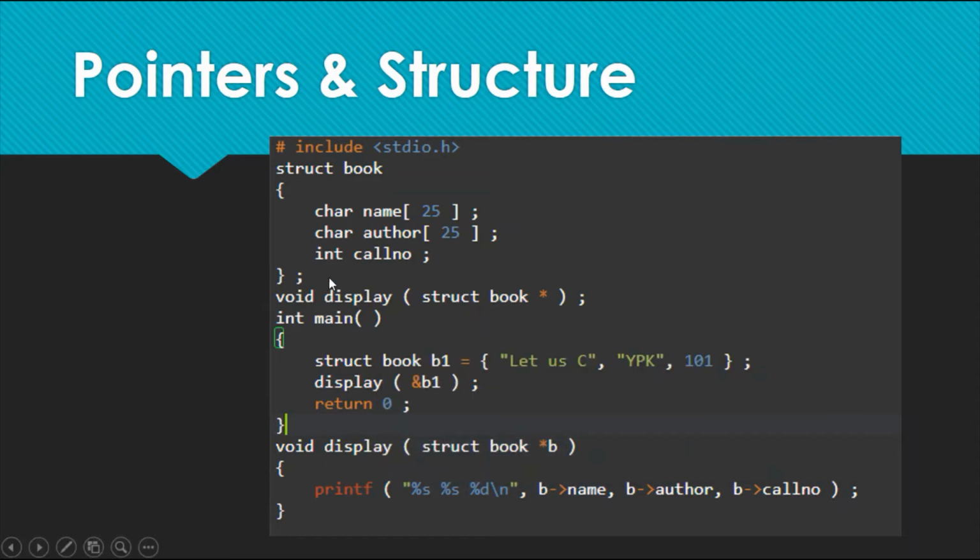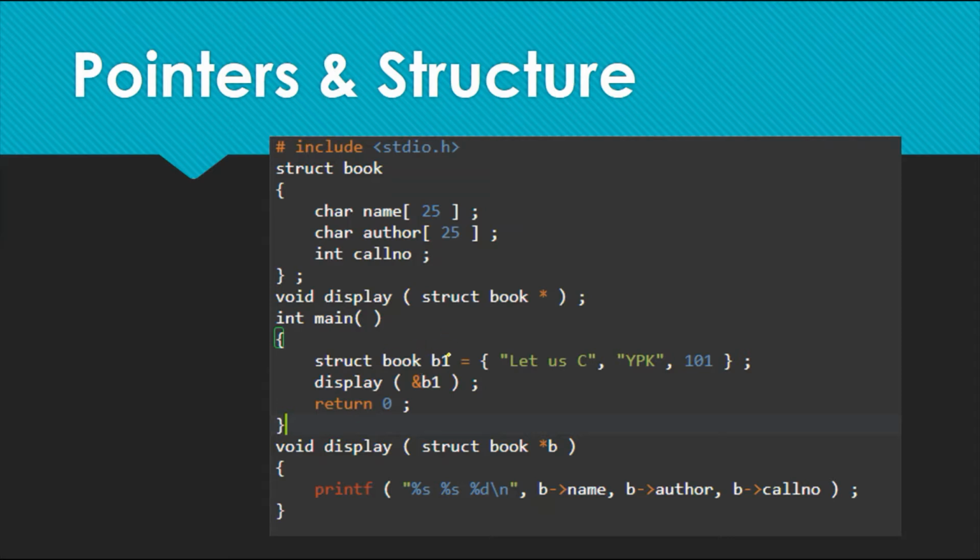Okay. So here in this code, it instructs how to pass one structure to another using the pass by reference method. I think you're already aware of how to do pass by reference.